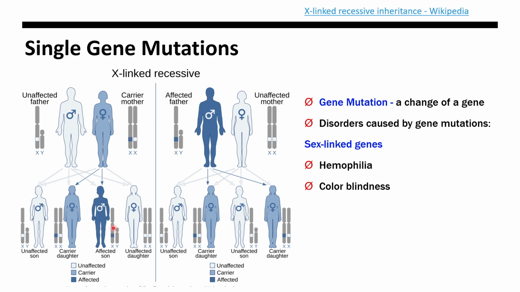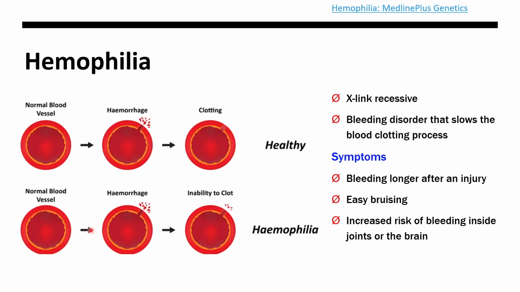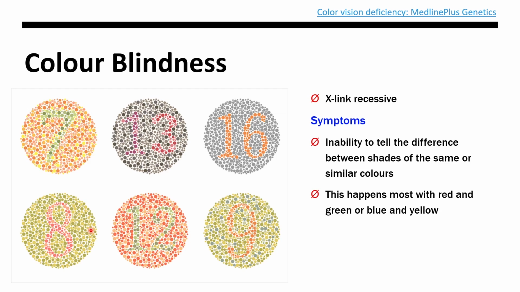Even though he has just 1 copy, he can get sick because boys don't have 2 X chromosomes. So in single gene mutation diseases, mostly the boys in the families are at high risk. Example diseases include hemophilia and color blindness.